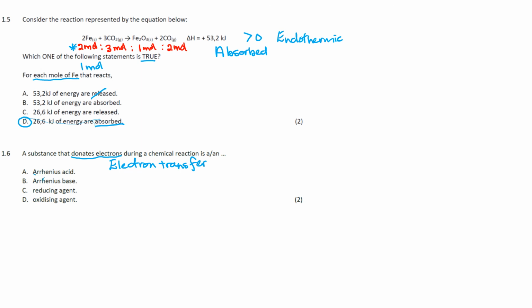So that cancels option A and option B. Now, an electron transfer, the donation of the electrons means a loss of electrons, and if it's lost, then the process is called oxidation. So this substance is being oxidized. So this substance is the reducing agent.